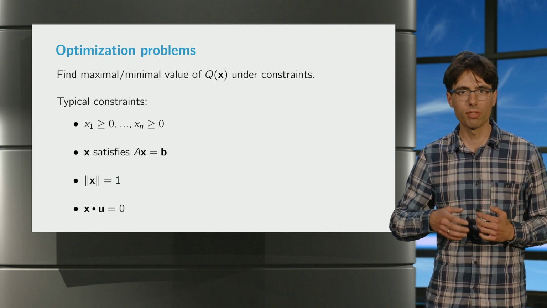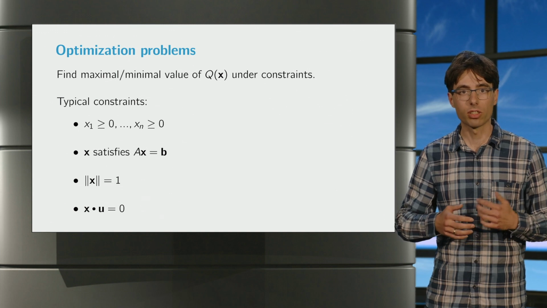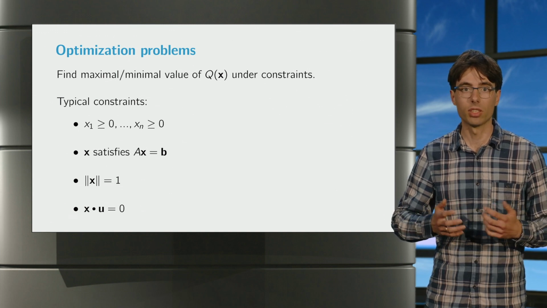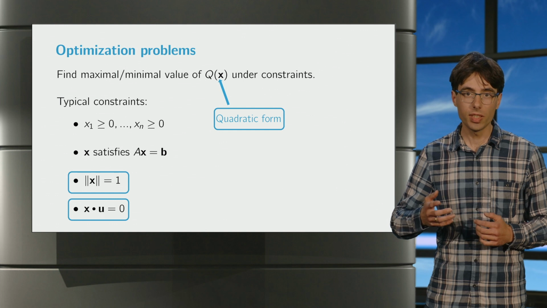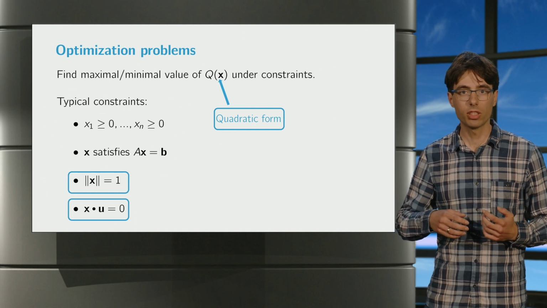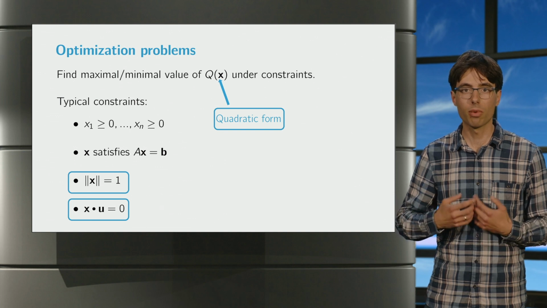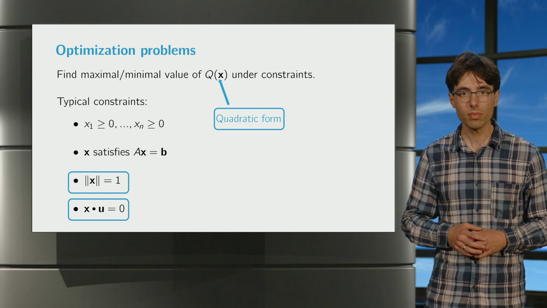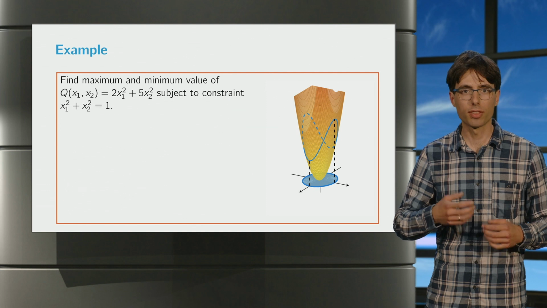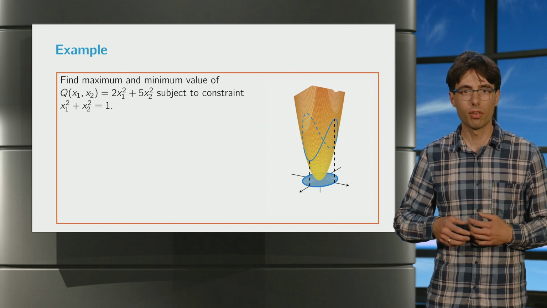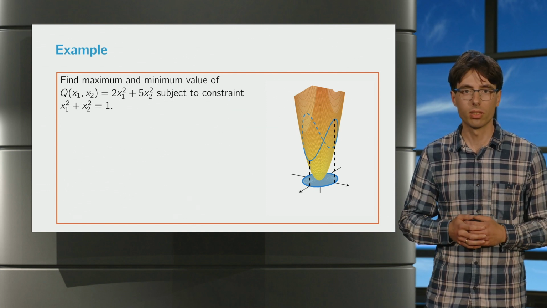These constraints are often necessary in practice because of technical or physical limitations. In this video, we focus on the case where the function q is a quadratic form, and on the third and fourth type of constraints. Let's start with an example of an optimization problem that involves the third type of constraint.